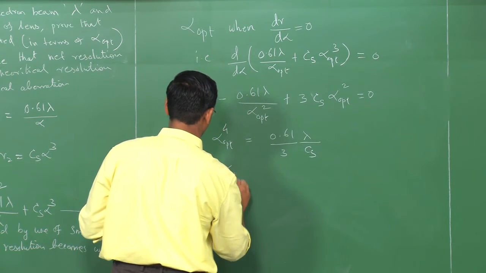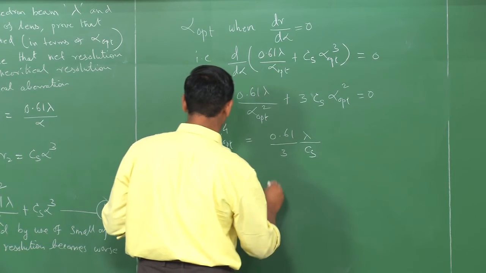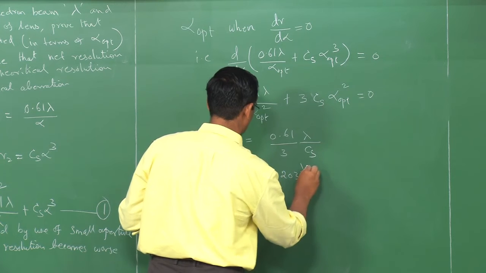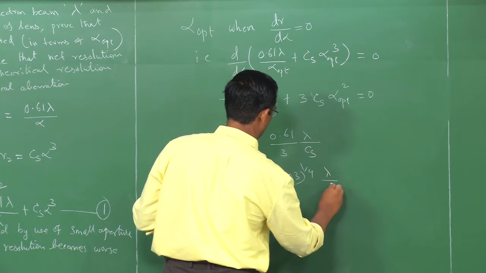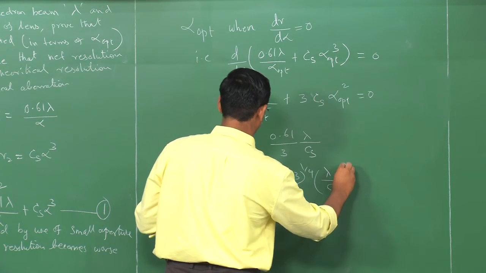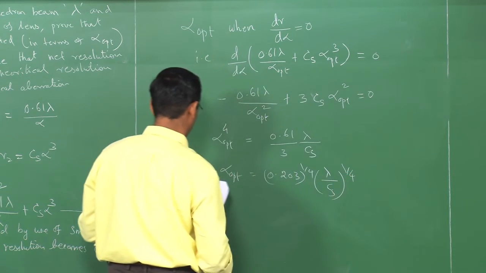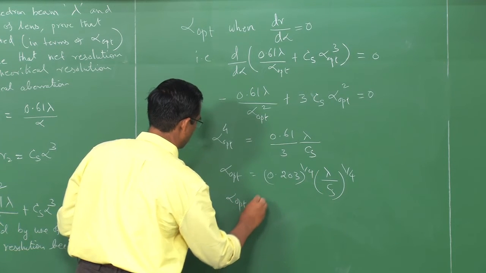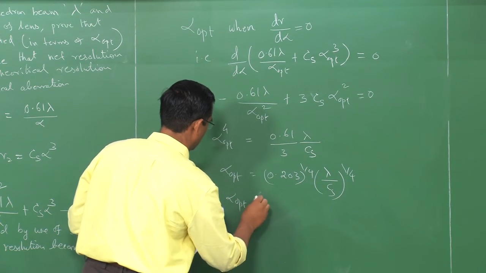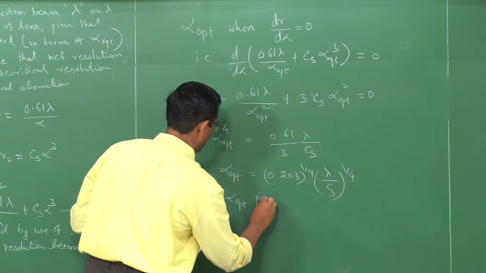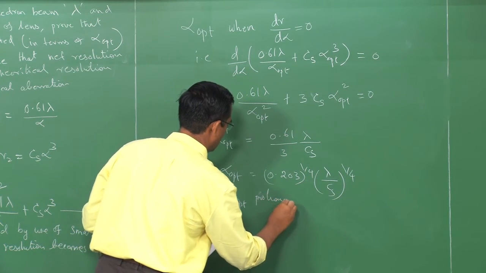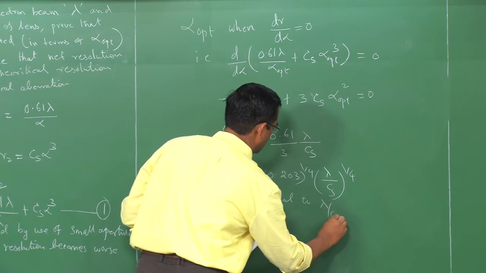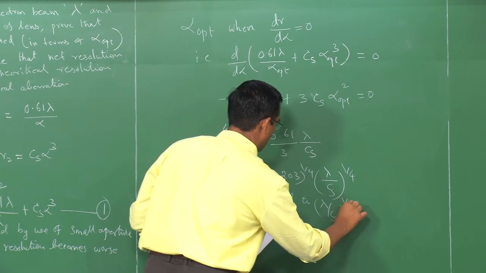Alpha opt is equal to 0.203 to the power 4 lambda by Cs to the power 1 by 4, or simply we can write alpha opt is proportional to lambda by Cs to the power 1 by 4.